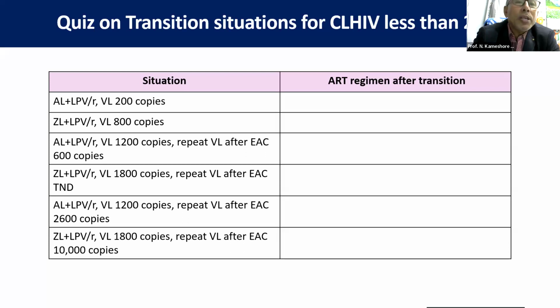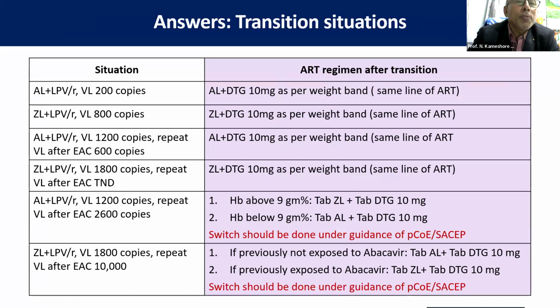As the viral load is below 1,000 copies per ml, we will continue the same AL, and instead of lopinavir, ritonavir, transition to dolutegravir is to be done. Same first line ART. In the second case, ZL and lopinavir, ritonavir, viral load is 800 copies. Here also we will continue ZL and transition lopinavir, ritonavir to dolutegravir, same first line ART.